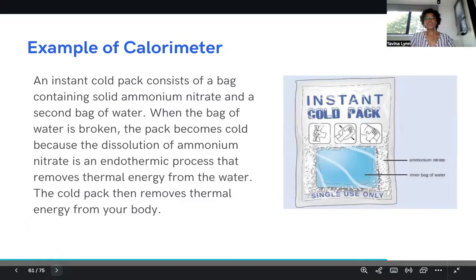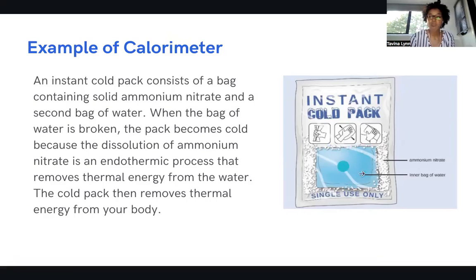There are many examples of calorimeters, which I suggest you look at in the textbook. One example that I just want to highlight here is an instant cold pack, right? A cold pack that gets cold because it's endothermic. You have a bag of water inside, and then it's surrounded by solid ammonium nitrate. So when the bag of water is broken, the pack becomes cold because ammonium nitrate dissolving in water is an endothermic process.